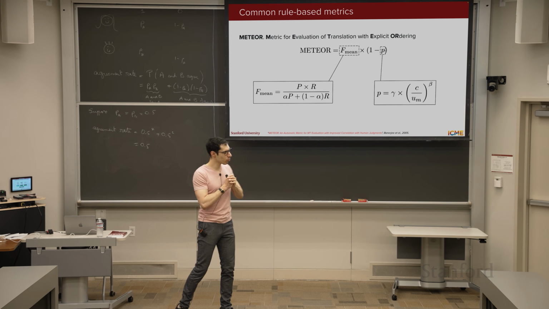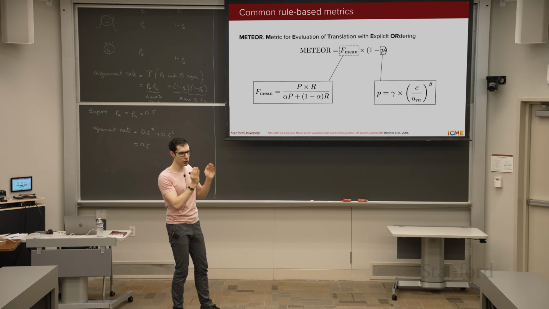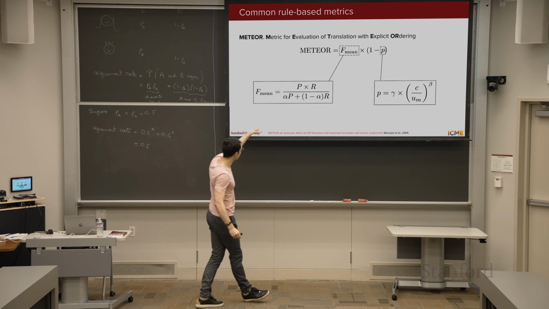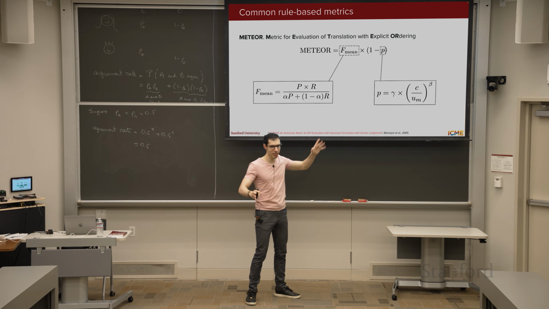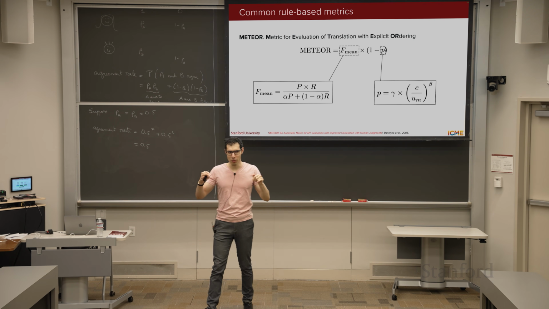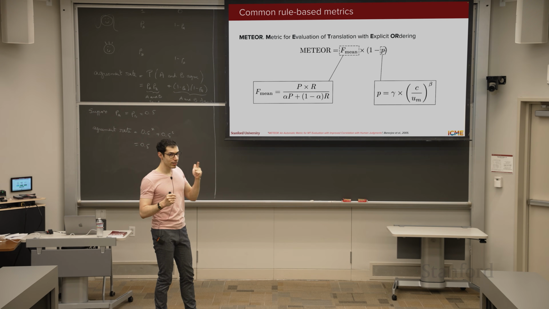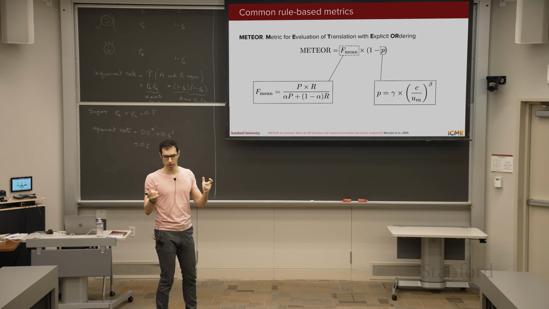When you look at this formula, first of all, it looks very arbitrary, right? I have alpha as a hyperparameter, gamma, beta, so it's kind of a recipe, I feel. That's one. And the second thing is that it does not allow for stylistic variations, because here we're measuring the number of matched unigrams.